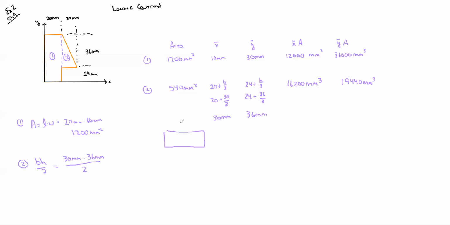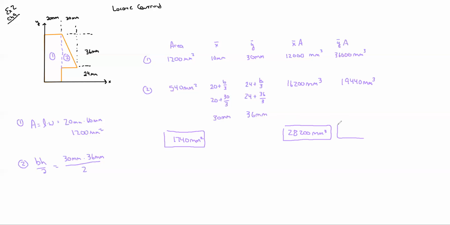All right, then we have to do our summations. Summation of the area, 1,200 plus 540 is 1,740 square millimeters. Summation of the x bar A's, 12,000 plus 16,200, 28,200 cubic millimeters.